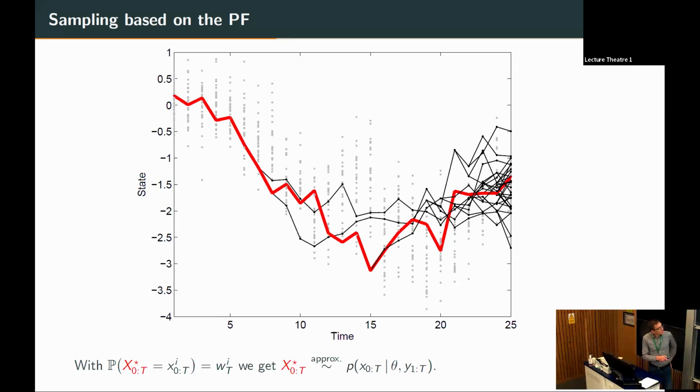But this still gives me just an approximate draw here, and unfortunately, it's not as simple as in the Metropolis Hastings case, where this just happens to work. So we will actually just get an approximate draw in this step, and the quality of this approximation will, of course, depend on the number of particles that I use. If I use too few particles, I have a poor approximation of the smoothing distribution, and this will be quite far from the sample that I want to simulate from.